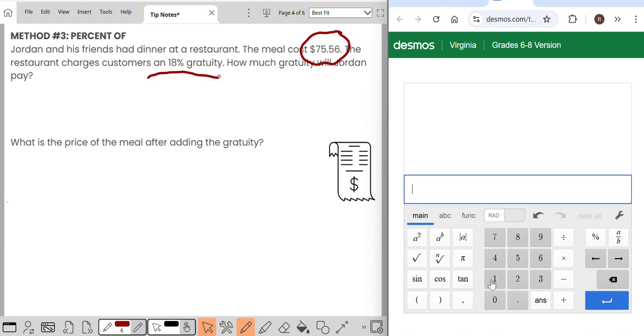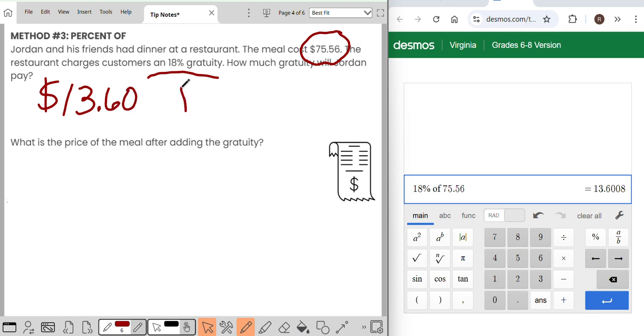So I'm going to start with 18% of $75.56, and that tells me that my tip alone is $13.60. And remember, I used Desmos to figure that out.